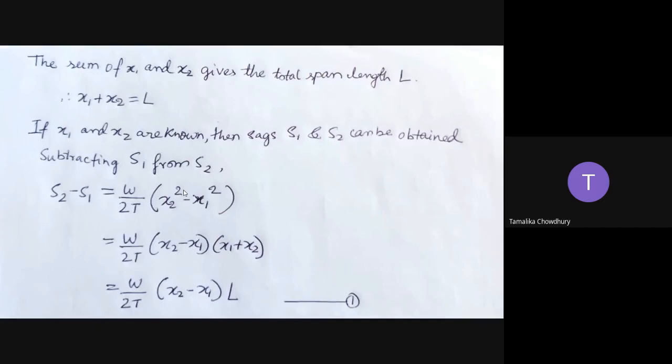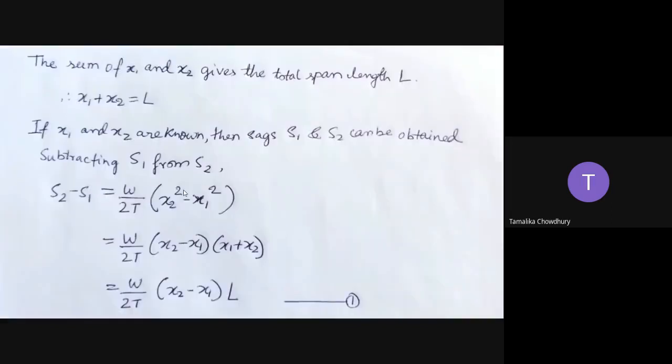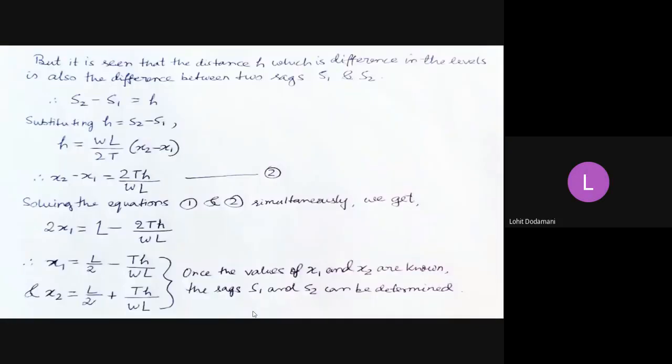Now x1 plus x2 is basically the full span length L. So in place of x1 plus x2, I am substituting capital L. Till this part, everyone clear? Yes, ma'am.